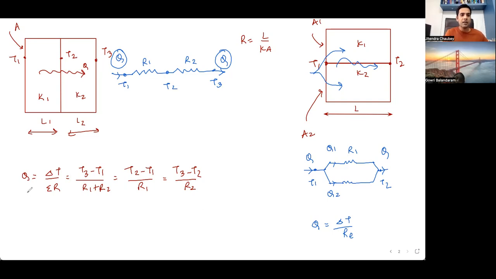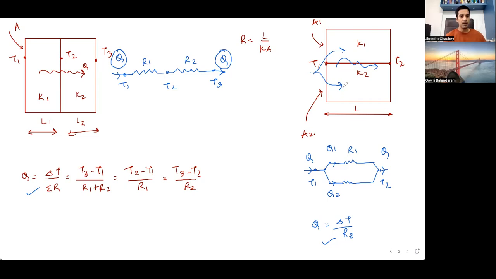Over here we write the word R summation. Over here we write the nomenclature as R equivalent. Summation is basically addition of resistances, whereas equivalent is basically an imaginary resistance which is replacing these two resistances, such that the overall effect of this imaginary resistance would be equal to the total effect of both the resistances.